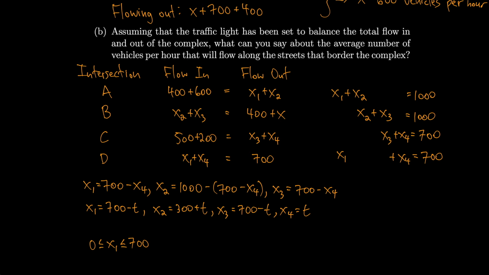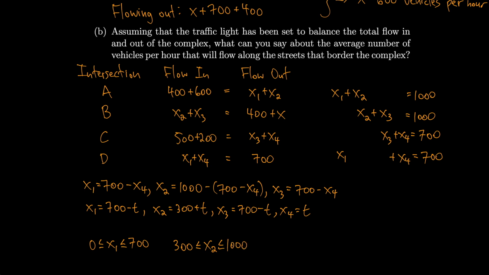For x2, again, remember, t is greater than or equal to 0, so the smallest that x2 could be is 300. And the biggest it could be, well, what is the biggest that t could be? Well, if t is more than 700, then x1 would have to be negative, which it can't be. So that means that the most x2 could possibly be is 700 plus 300, which is 1,000.